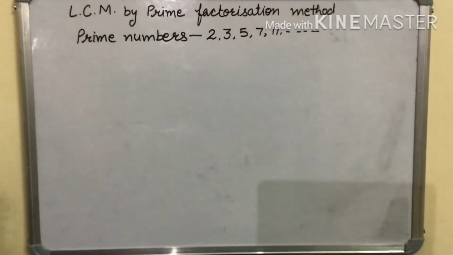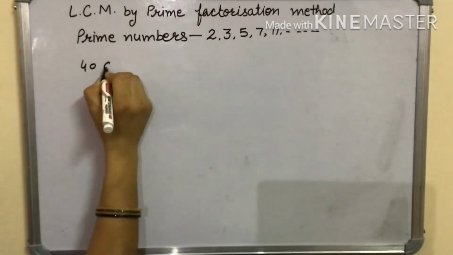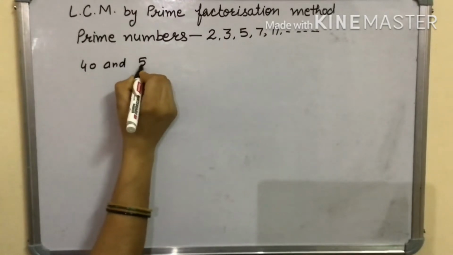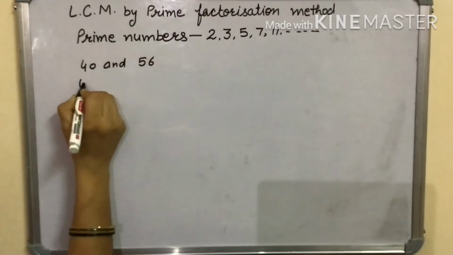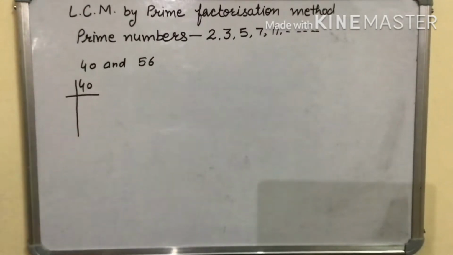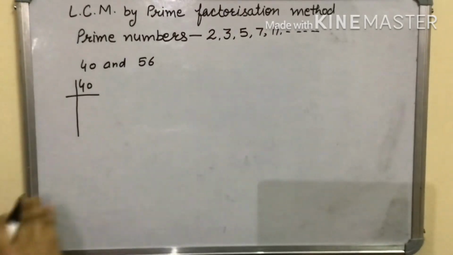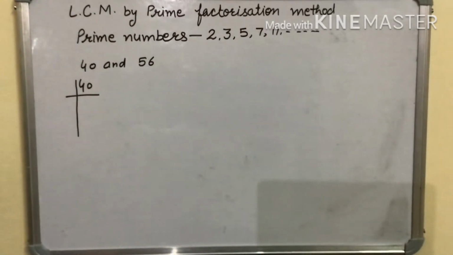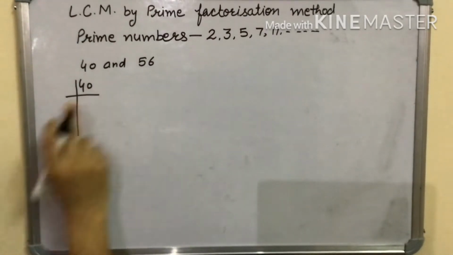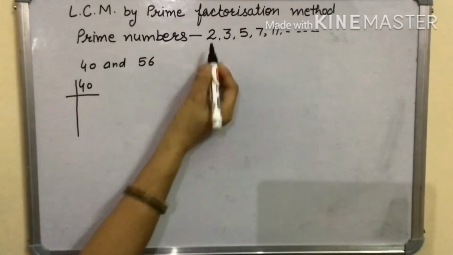So take one example. Find LCM of 40 and 56. We will factorize 40. To factorize it, we use only prime numbers and we use the smallest number that divides 40. 40 is even number, so it is divisible by 2.